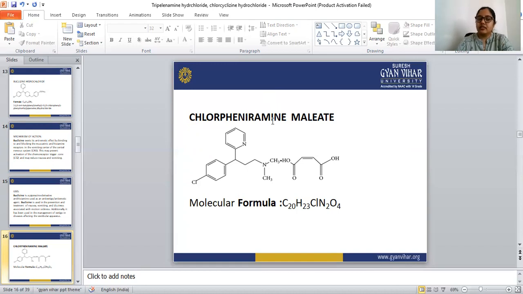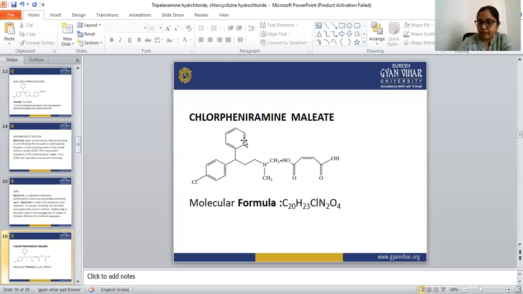Okay, so the structure of the chlorpheniramine maleate is this. And the molecular formula of the chlorpheniramine maleate is C20H23ClN2O4. Let's see, it contains 20 carbon, 23 hydrogen, 1 Cl, and 2 nitrogen.